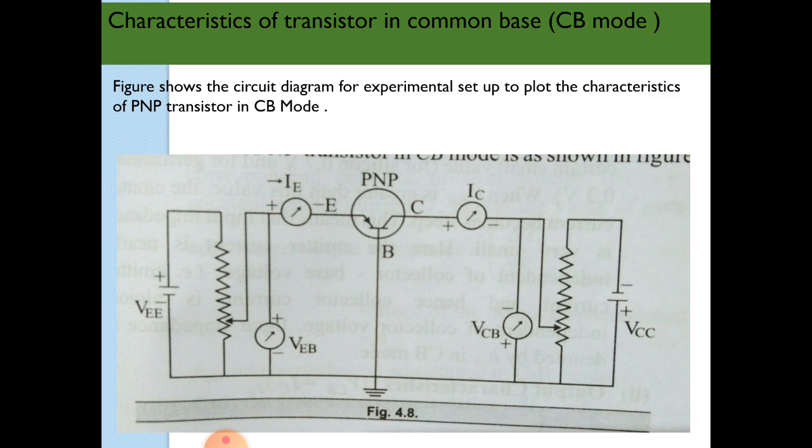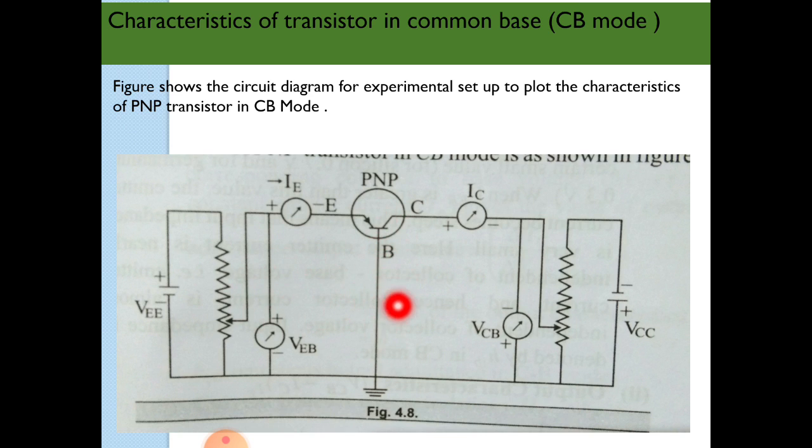In CB mode, let us see what kind of characteristics curves we get. Now, the figure shows the circuit diagram for the experimental setup to plot the characteristics of a PNP transistor in CB mode. Okay, so this is the circuit diagram of a PNP transistor in CB mode, common base mode.